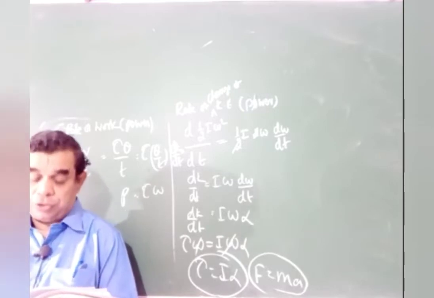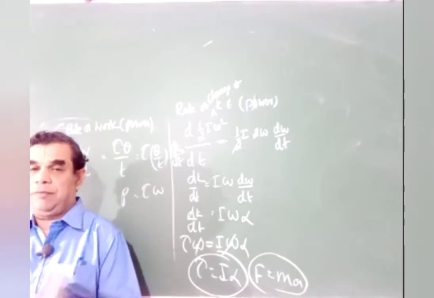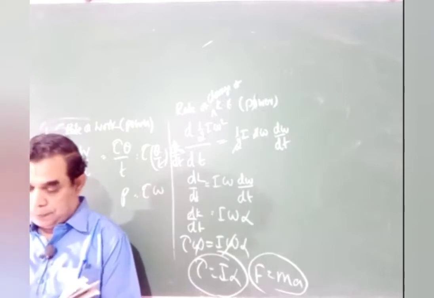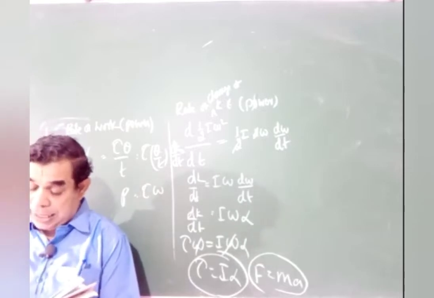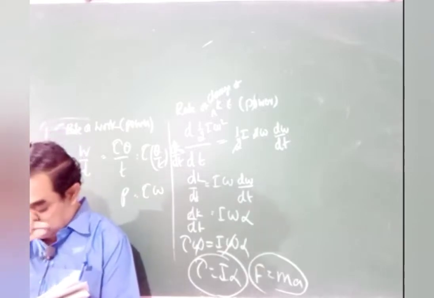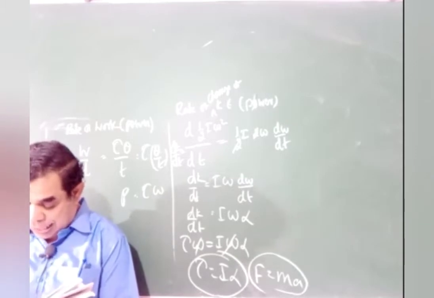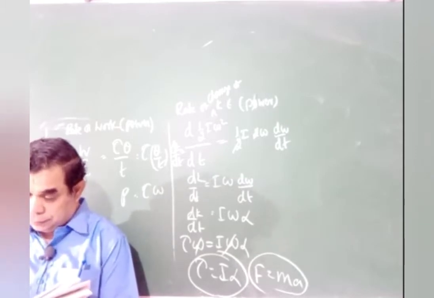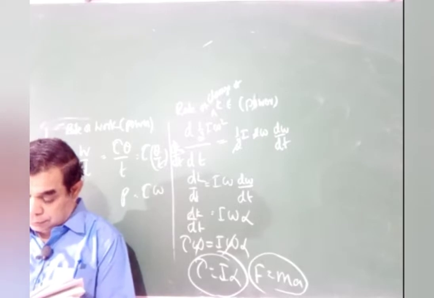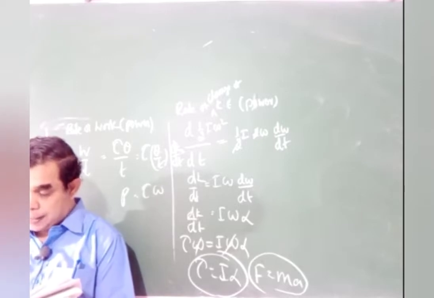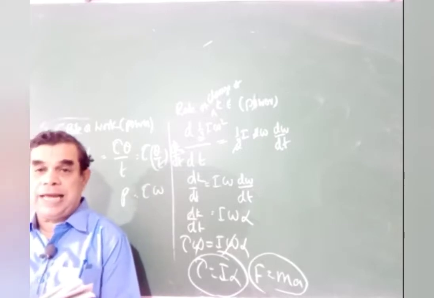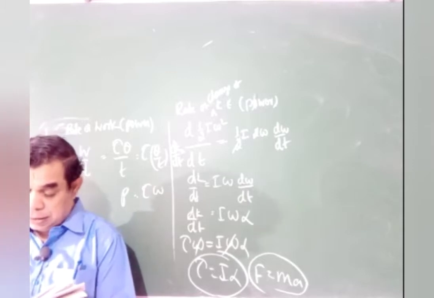There are 4 parts to go in this numerical. Part A: compute the angular acceleration of the wheel.